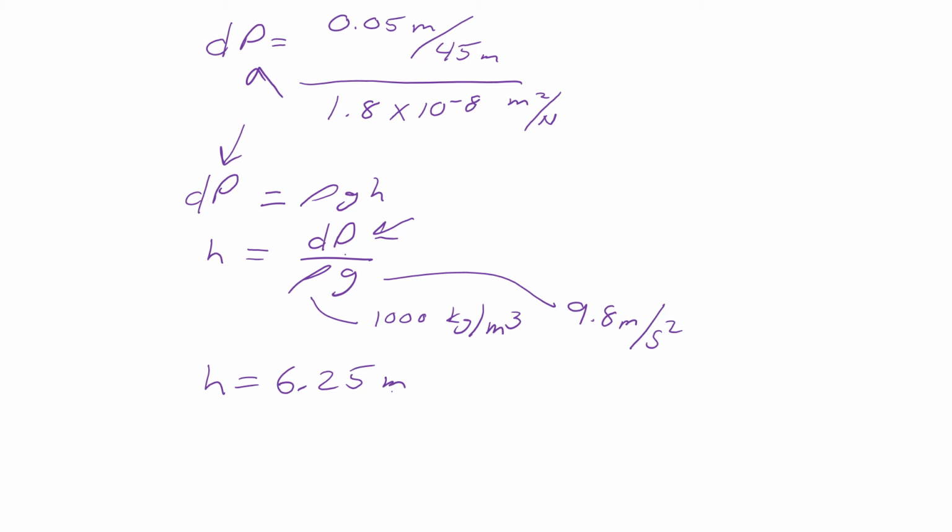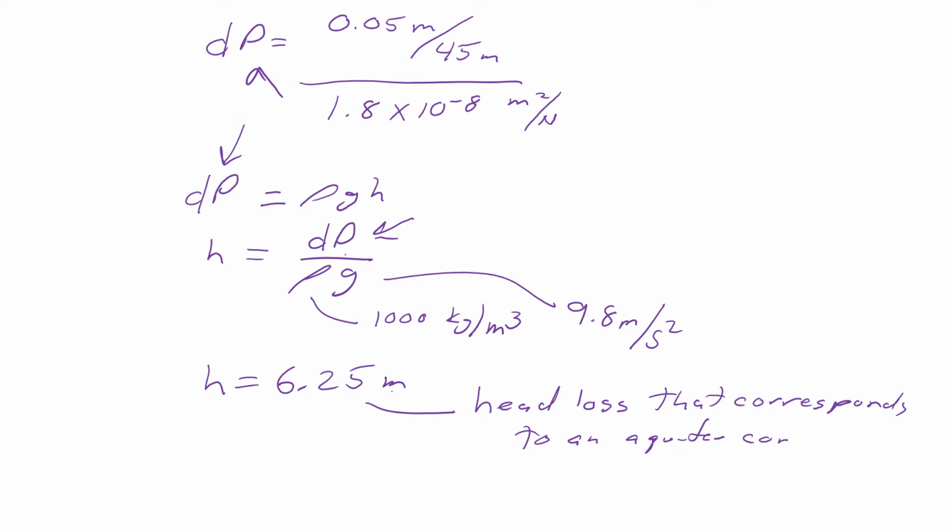And what this means, if you think back to how this equation works, is this is the amount of head loss that corresponds to an aquifer compaction, which is our delta B, change in thickness of the aquifer, of 5 centimeters, or 0.05 meters.